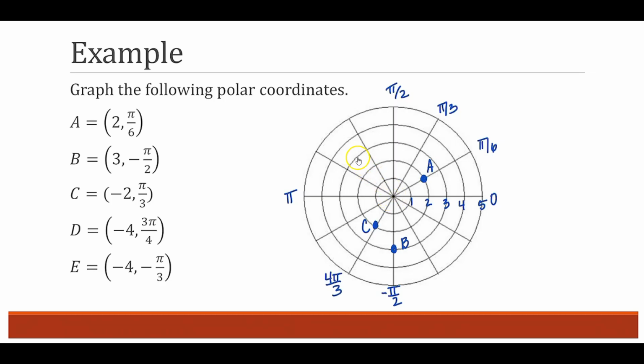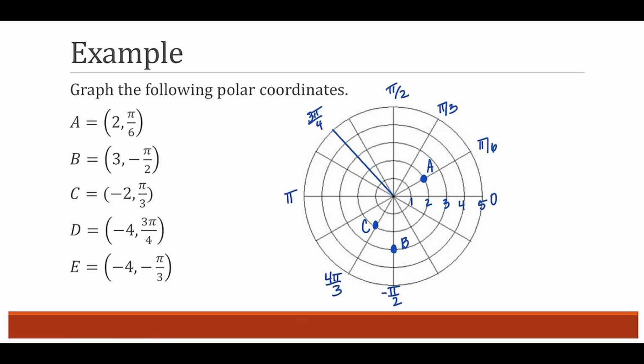So I want to make sure that I'm halfway between, again, this is 2 pi over 3 and 5 pi over 6, but I actually have a negative directed distance. So instead of going towards 3 pi over 4, so I'll go ahead and draw a line here. This would be positive 3 pi over 4.